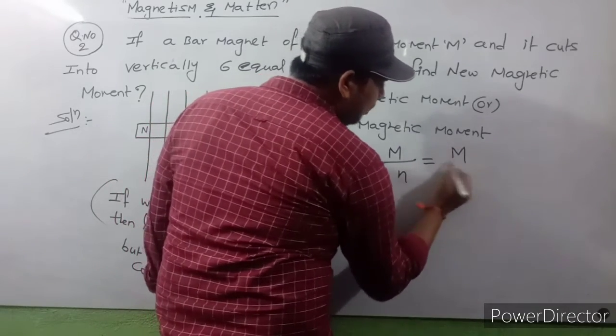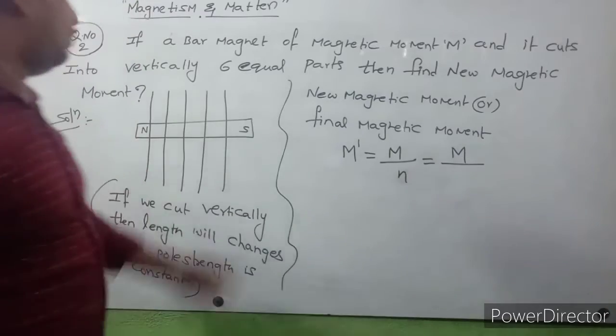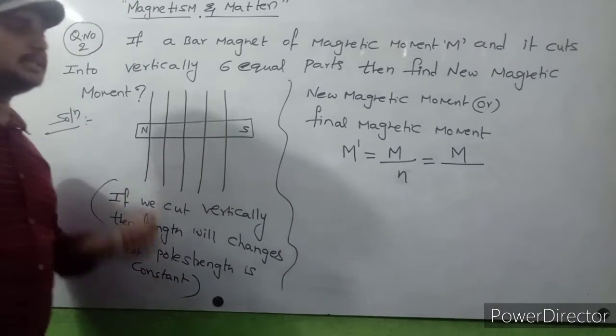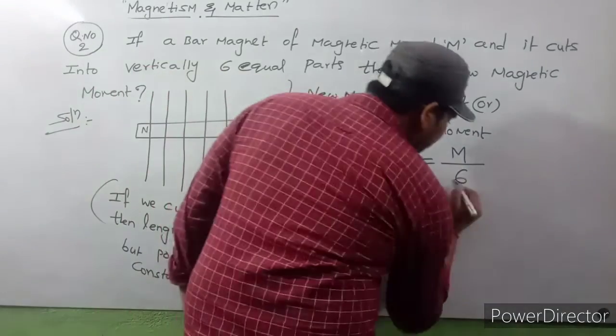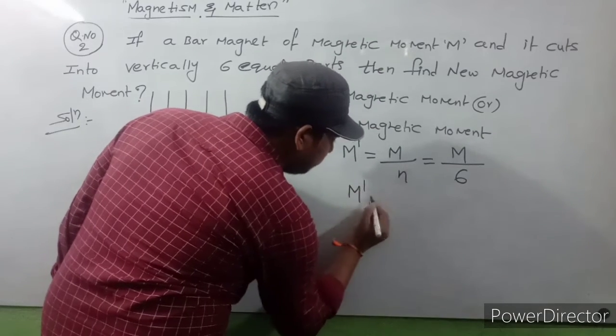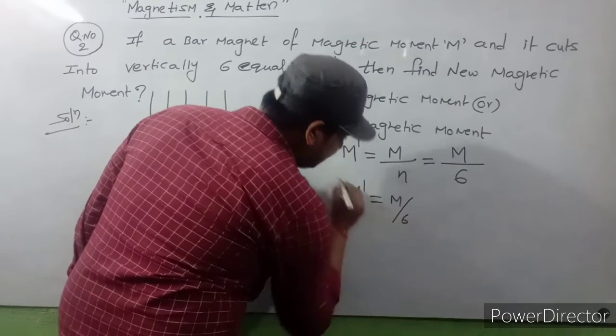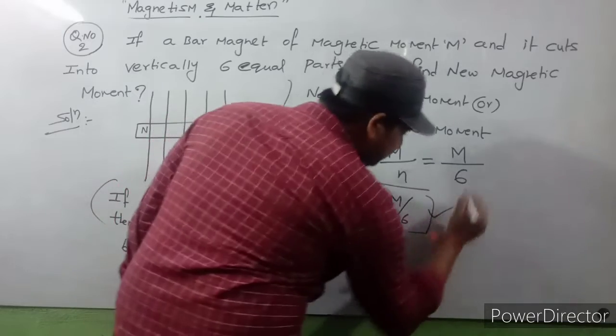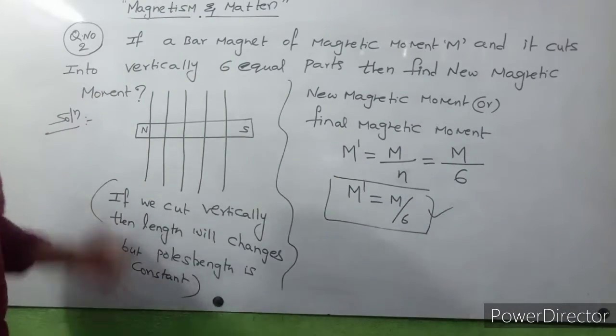Here the initial magnetic moment is m. N means how many equal parts we are cutting. 6 equal parts. That's why m by 6. So m dash is equal to m by 6. So this is the solution of this question.